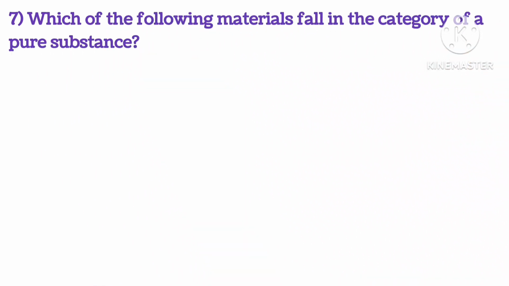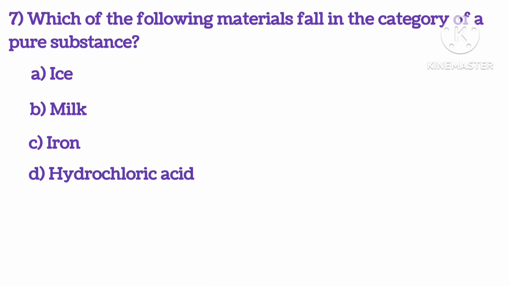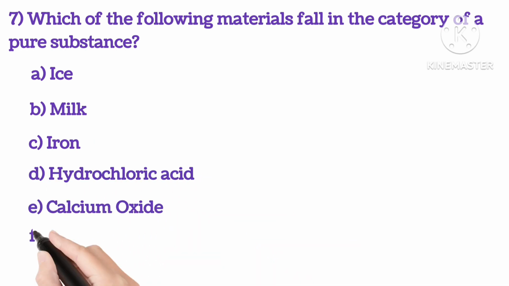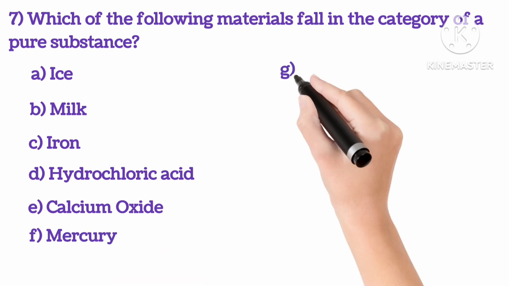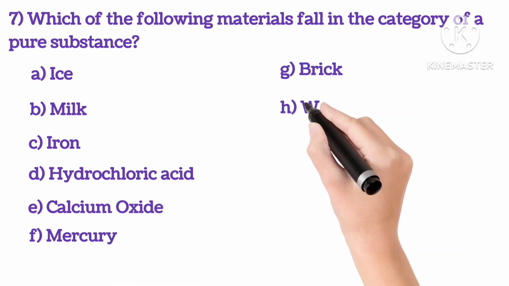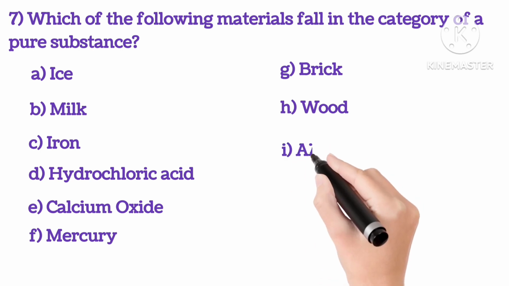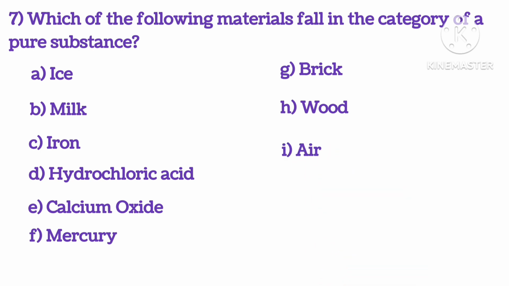Which of the following materials fall in the category of pure substance? Ice, milk, iron, hydrogen chloride, calcium oxide, mercury, brick, wood, air. So the pure substances here are ice, iron, hydrogen chloride, calcium oxide and mercury.